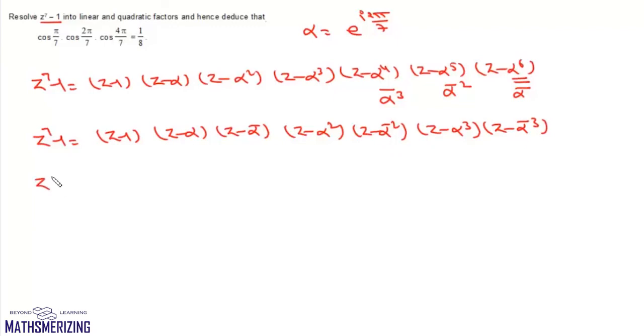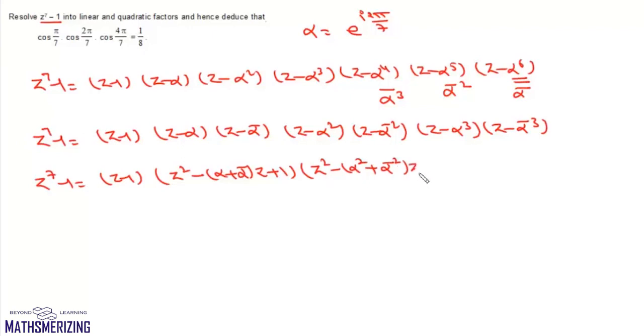So we write this as (z minus 1)(z square minus (alpha plus alpha bar)z plus 1)(z square minus (alpha square plus alpha bar square)z plus 1)(z square minus (alpha cube plus alpha bar cube)z plus 1), since alpha into alpha bar is 1.